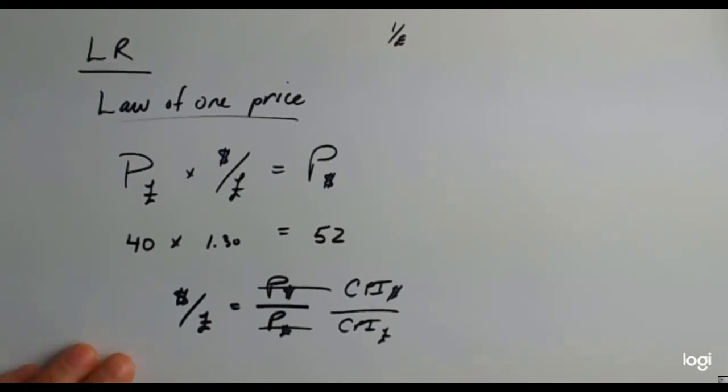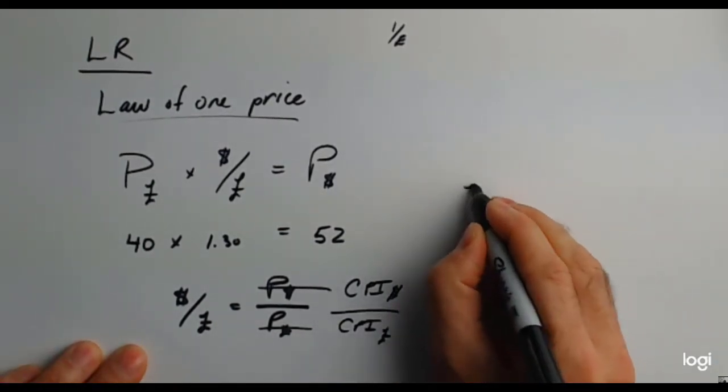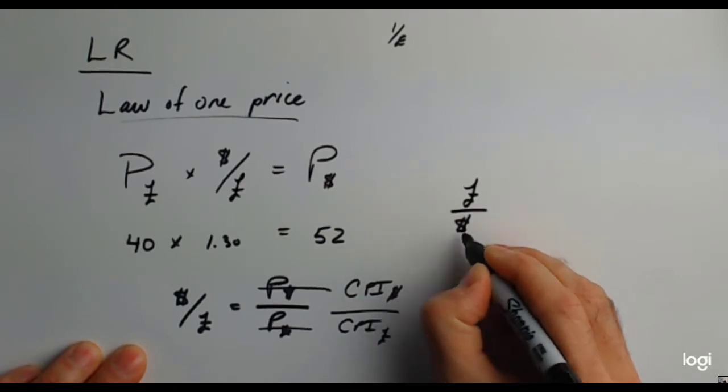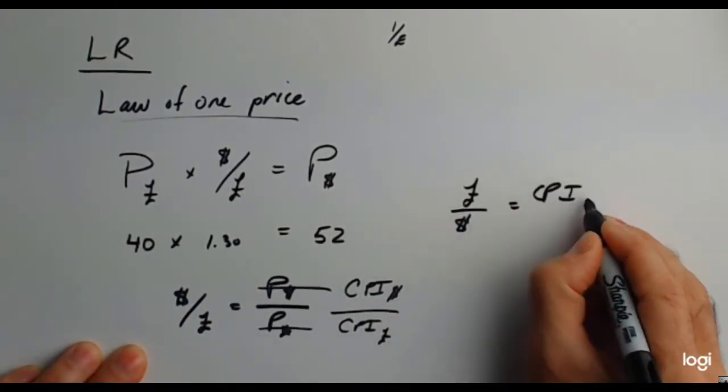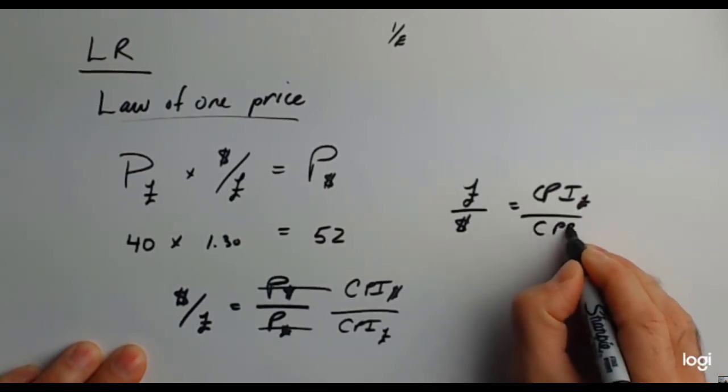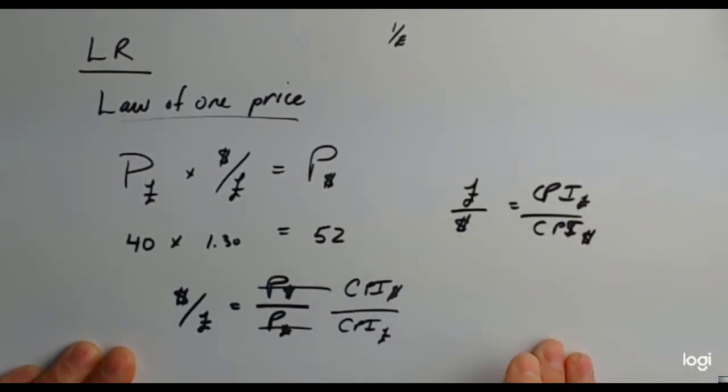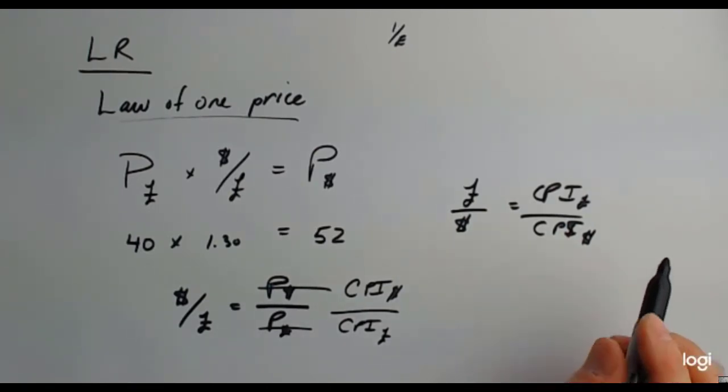So let's flip this over for a second so it's a little easier to interpret compared to what we did earlier. So flip this over. CPI pounds and CPI dollars. And there you have the relationship now. Maybe it makes a little more sense to you.